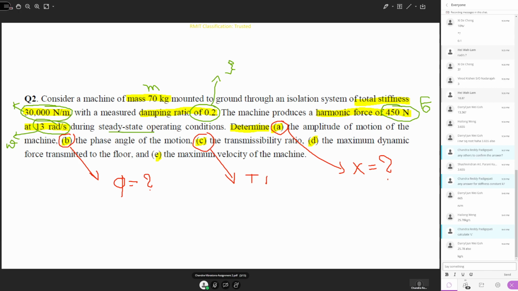And the maximum dynamic force transmitted, so the maximum dynamic force transmitted is the force transmitted, FTR. Then the maximum velocity of the machine, so you need to calculate Vmax.